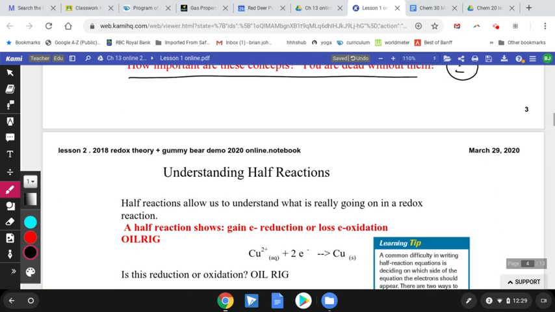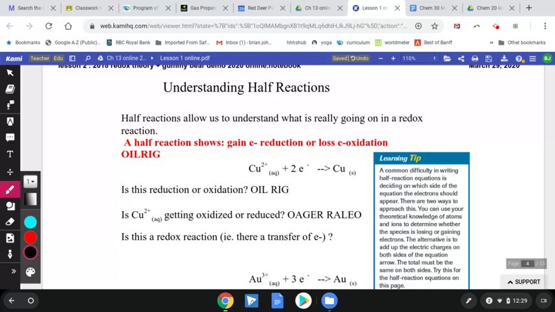Okay. So now we're going to take a look in detail at a half reaction, and we're just following along in your notes on page 190. So a half reaction is defined as a reaction that shows the electrons either being gained or lost. So it usually is one chemical and its electrons gained or lost.